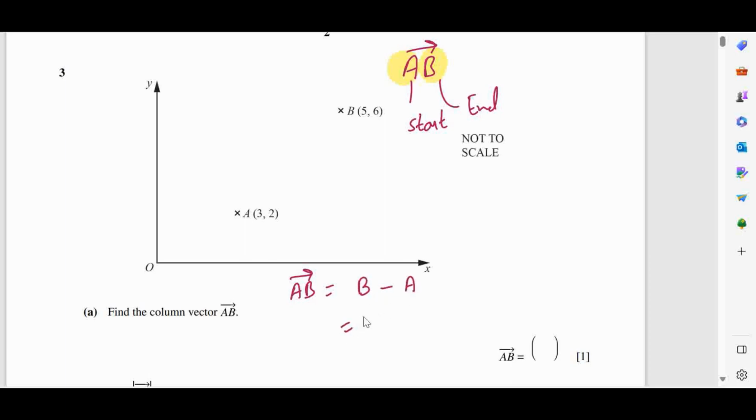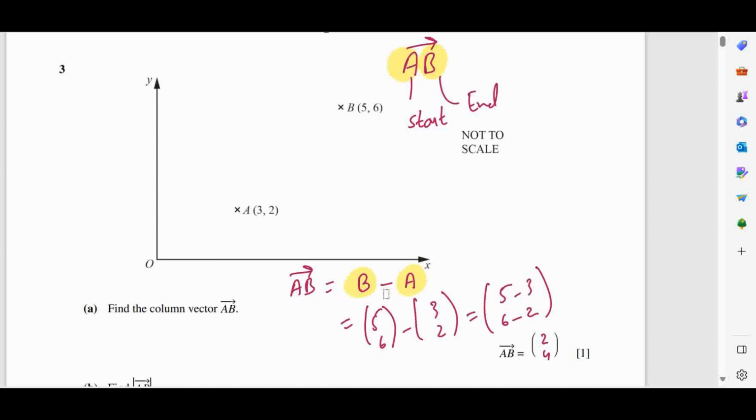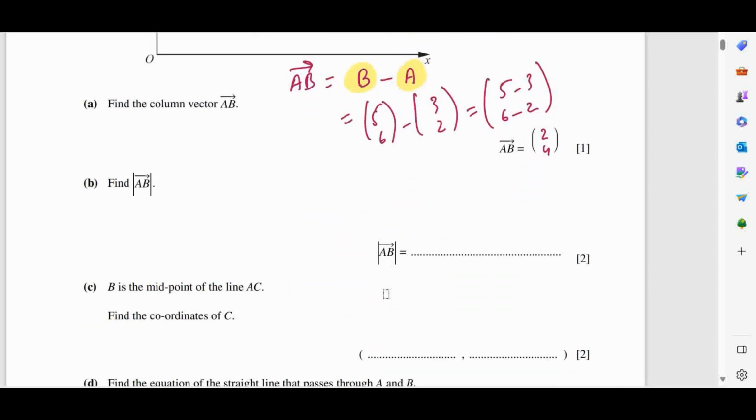So end point is 5, 6 minus starting point is 3 and 2. So the final answer will be 2 and 4, because we can write it as 5 minus 3 and 6 minus 2. But the important thing is that the concept is end point minus starting point of any vector.